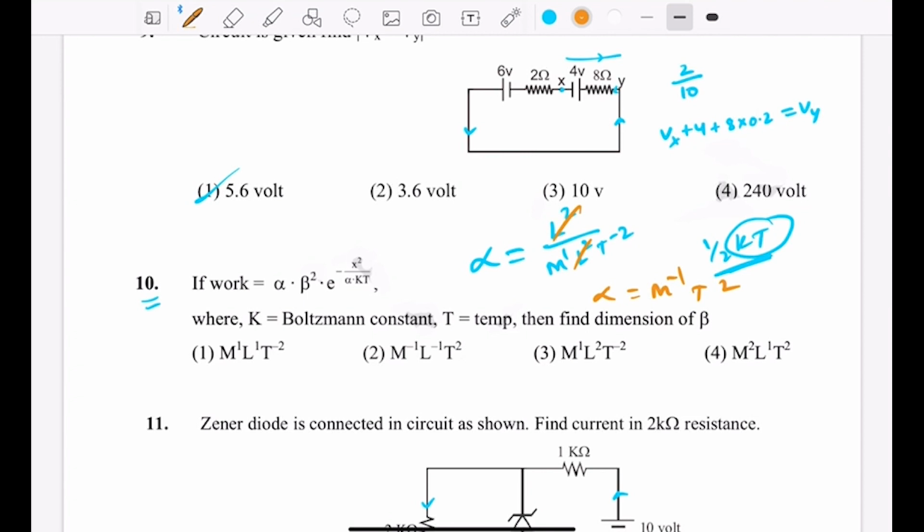Work means force into displacement, same as energy. So m power 1 L power 2 t power minus 2 is equal to alpha, m power minus 1 t power 2, beta square. So beta square is m power 2 L power 2 t power minus 4. Under root of it, m power 1 L power 1 t power minus 2. That's it. Yeah, I got it.